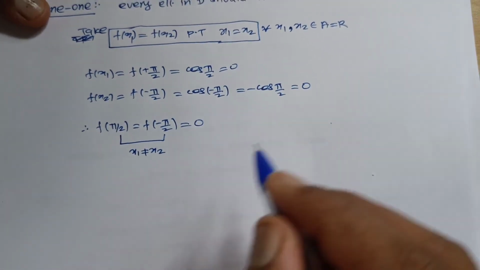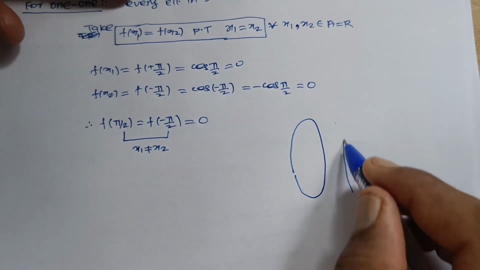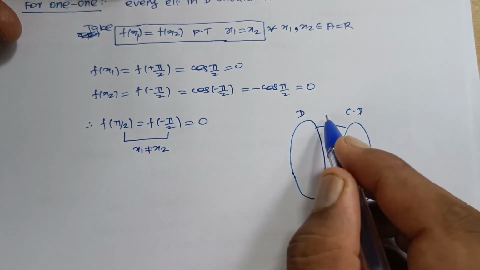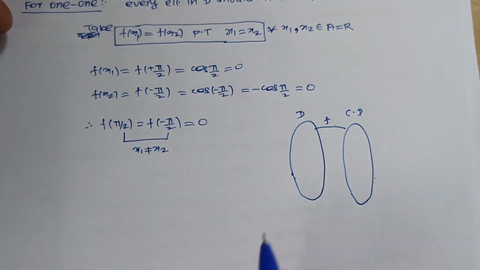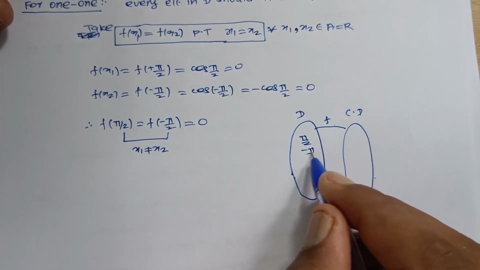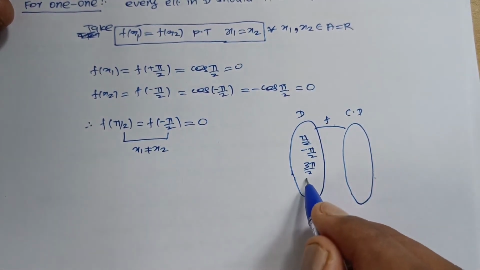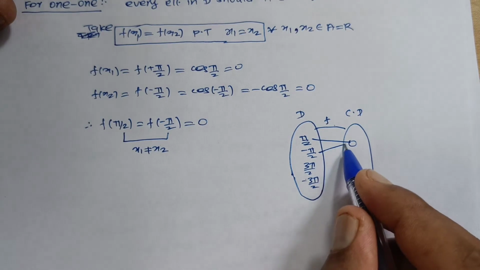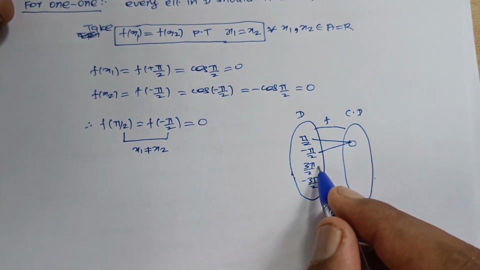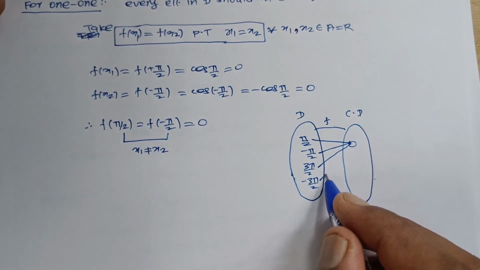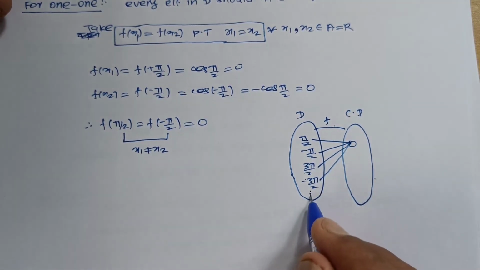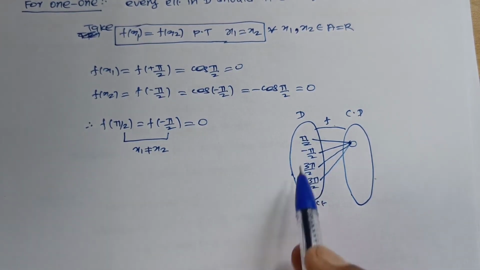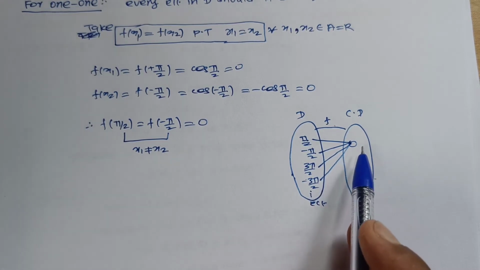Let me draw a graph like an arrow diagram, you can see it based on 11th standard concepts. So this is the domain, this is the codomain. f is mapping from domain to codomain. Here we have pi by 2 and minus pi by 2, and 3 pi by 2, minus 3 pi by 2, 5 pi by 2, like that. So for 5 pi by 2 I get 0, for minus 5 pi by 2 I get 0. Cos 3 pi by 2 is also 0, cos minus 3 pi by 2 is also 0, cos pi by 2, etc. See, we need unique images, but here from domain to codomain we have the same images.